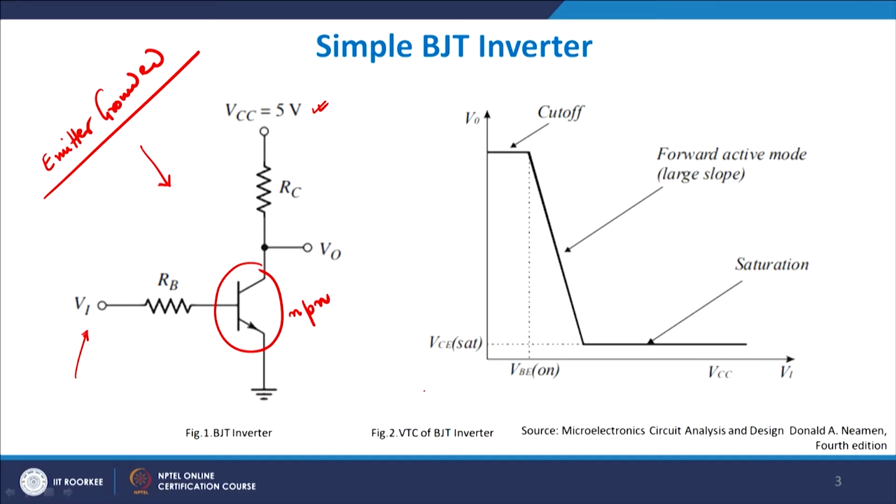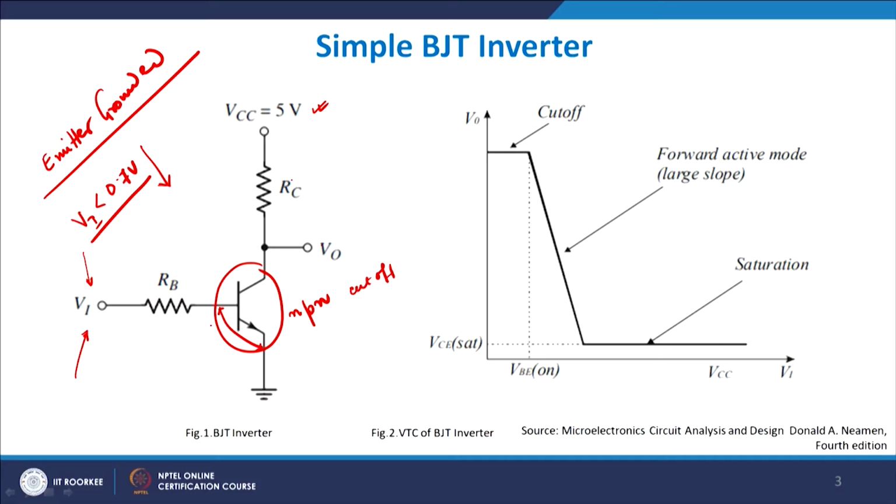Now, we will look into details from the voltage transfer characteristics point of view. As you can see, when your input is very low, when Vi is much smaller than 0.7 volts, which is the turn on voltage for the base emitter junction, you would expect the NPN to be in cut off, and as a result VO will be exactly equal to 5 volts.